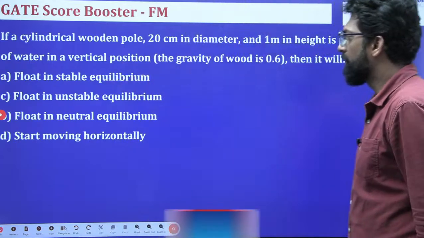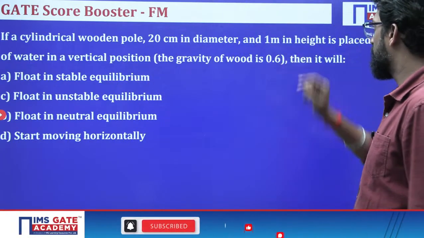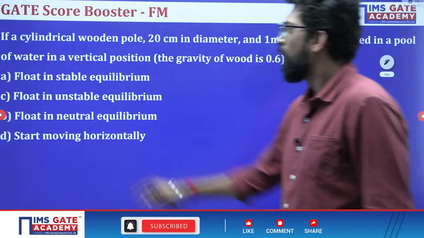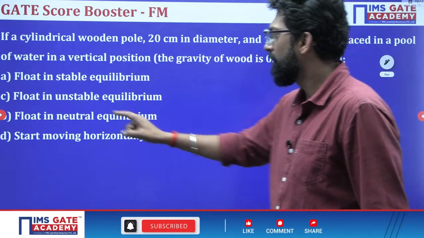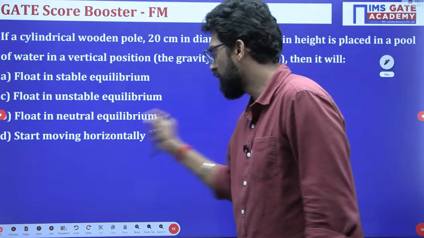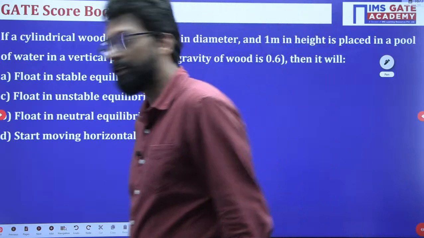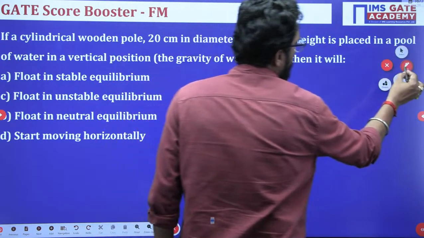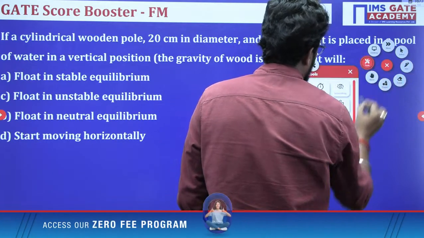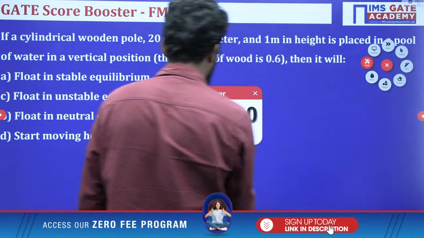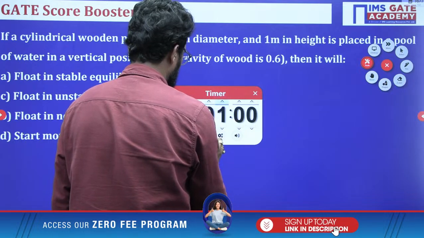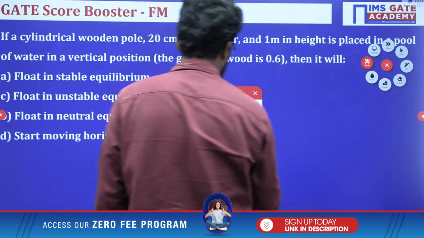The specific gravity is 0.6. What is the condition? Floating in stable equilibrium, floating in unstable equilibrium, floating in neutral equilibrium, or start to move horizontally. For that one, I will give you a timer again so that you could think. Just start.